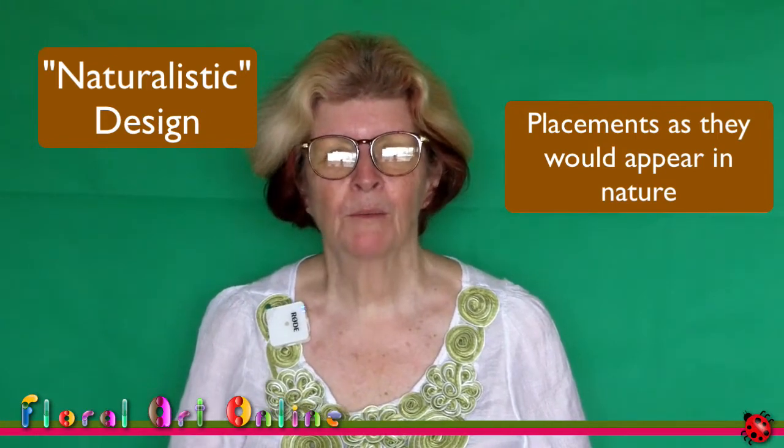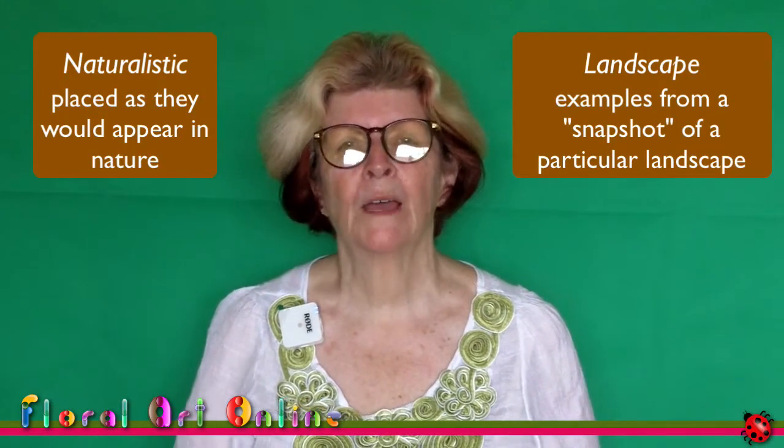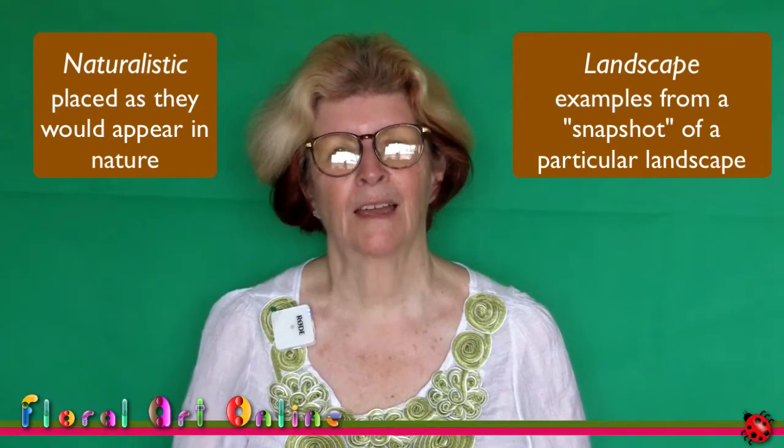And the confusion sometimes comes in competition when we look at the difference between naturalistic and landscape. Now, landscape is a design where every part of the landscape is shown within the design. So you have to have soil and mushrooms or fungus or reeds, flowers, shrubs, trees.